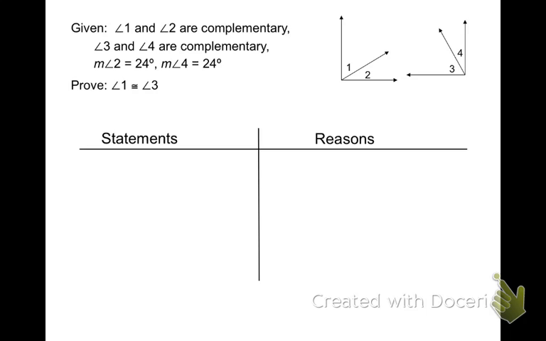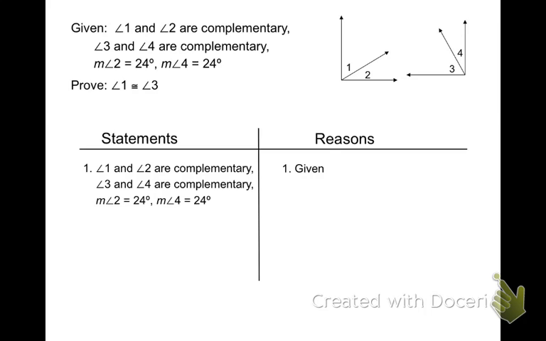Okay, another example here. Angles 1 and 2 are complementary. Angles 3 and 4 are complementary. We know the measurement of angle 2 and angle 4, and they happen to both be 24 degrees. Prove angle 1 and 3 are congruent. So, as always, start with your given statements.